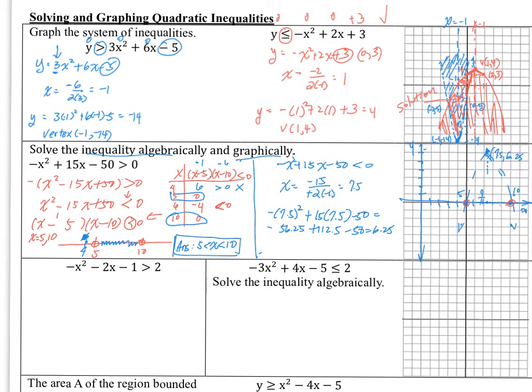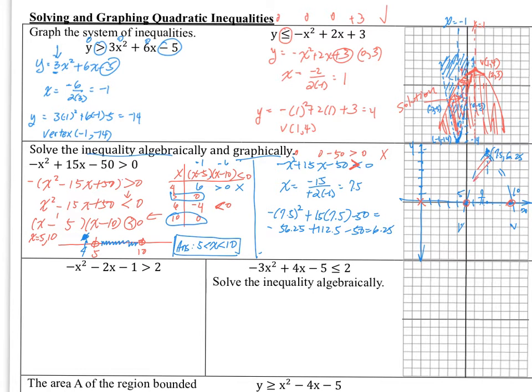If we sub 0 in, this would be negative 50. My apologies, this original quadratic function should be greater than 0. So this would be negative 50 greater than 0, but this is not true. 0, 0 is not a solution.